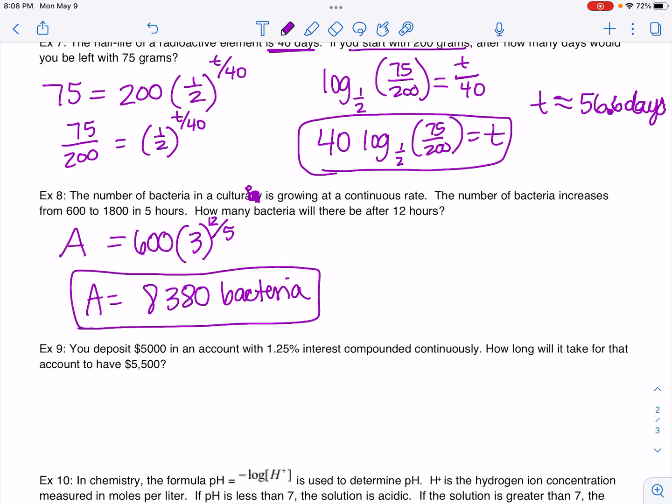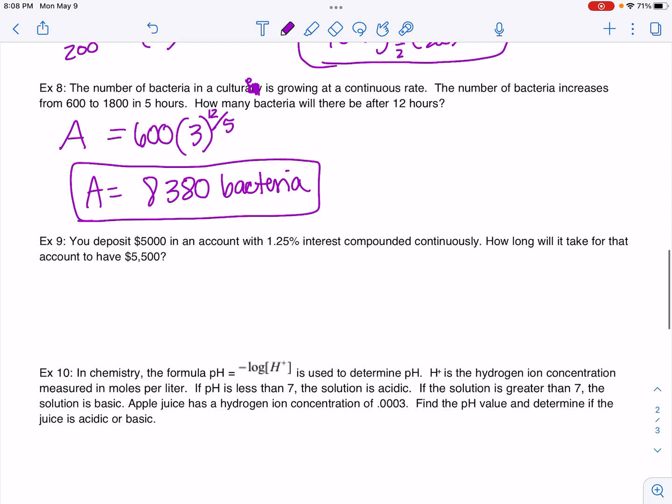Let's think about this. 600 to 1800 in every 5 hours. So I'm tripling in size. So 1800 times 3 would be in 10 hours, and then times 3 again would be in 15 hours. So it makes sense that between that 10 and that 15 mark, you're getting those 12 hours, which is about 8,380 bacteria. Okay, so we didn't even need a log for that one.